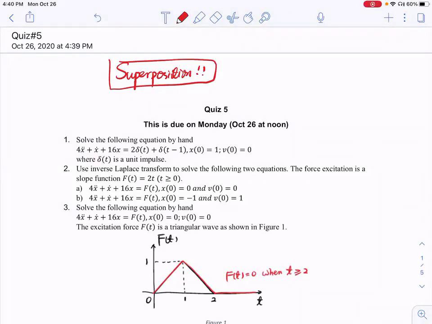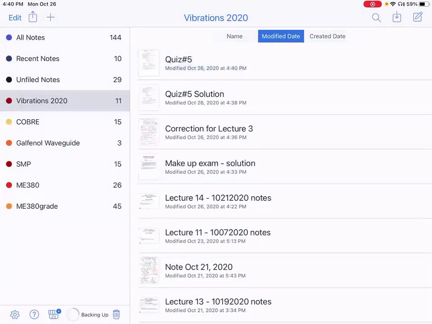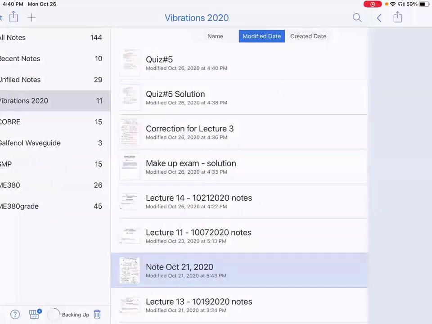But the backbone of these force excitations is superposition. That means whenever you have a force excitation applied to a system, you should try to cut that system into small pieces. I call them building blocks or subsystems. At the end of last lecture, I tried to create a table for you. If you don't remember, I'm going to post it again.